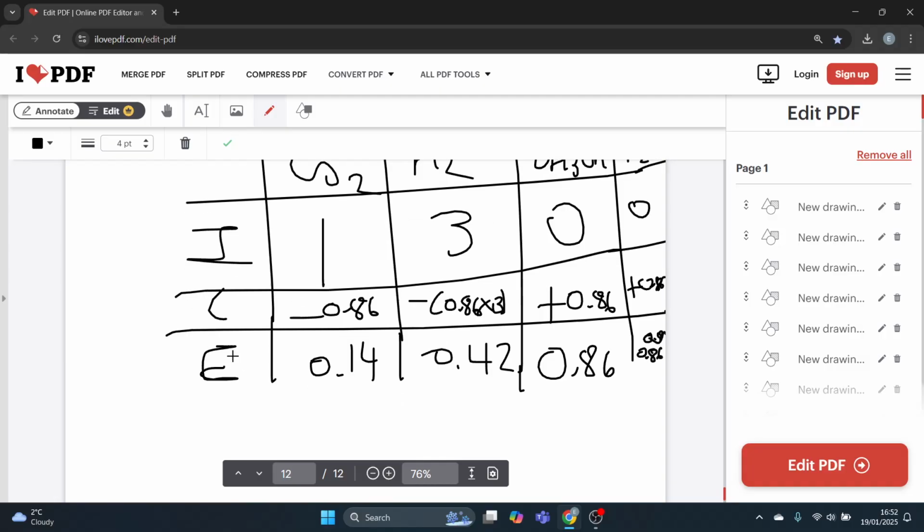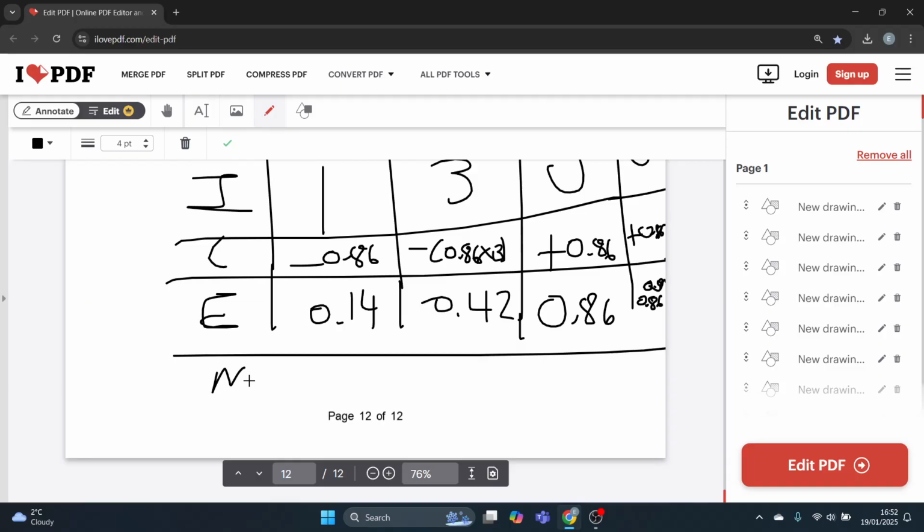I need now the mole fractions. Well, what I have to do now is I just do 0.14 divided by 0.14 plus the total number of moles. So I get 7 over 114. In this case, it's going to be 0.42, the moles of hydrogen, divided by total number of moles, 0.42 plus 0.14 plus 0.86 plus 0.86.